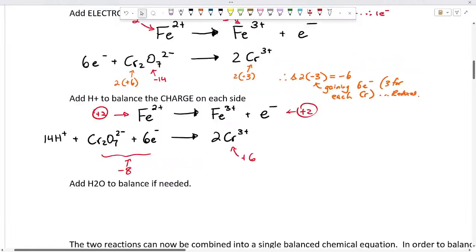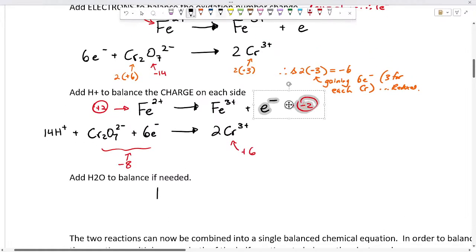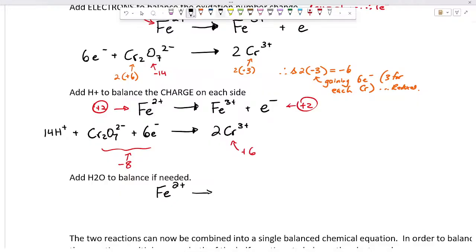So what is the top then? The iron hasn't changed. Fe2+ is going to become Fe3+, and we're going to have that extra electron. And then down here, we're going to say that 14 H+ and Cr2O7 2- with 6 electrons will give us 2 Cr3+.